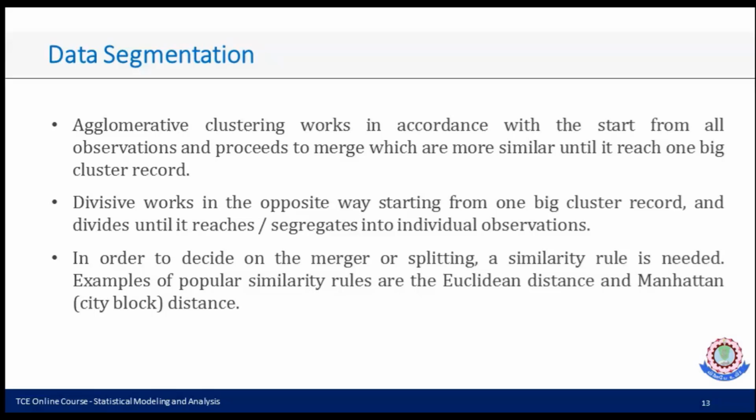So finally, we'll be getting the output as single individual clusters. Agglomerative works the other way, starting from a set of single individual cluster observations, and it continues to merge the clusters at each stage which are most similar until all the observations form a single big cluster at last.